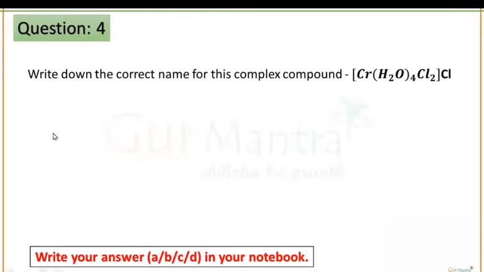Next question. You have to write the correct name for this complex compound, and the complex compound is [Cr(H2O)4Cl2]Cl.